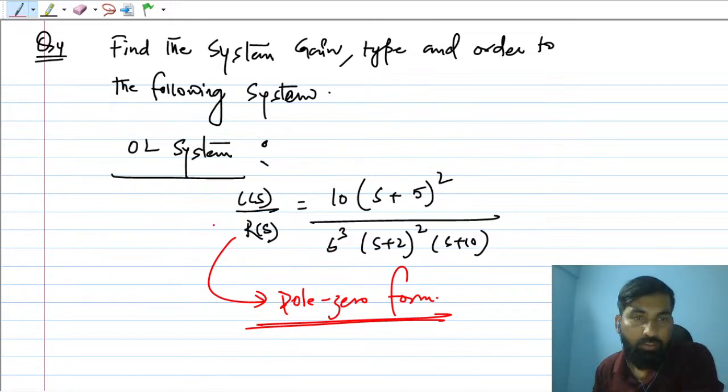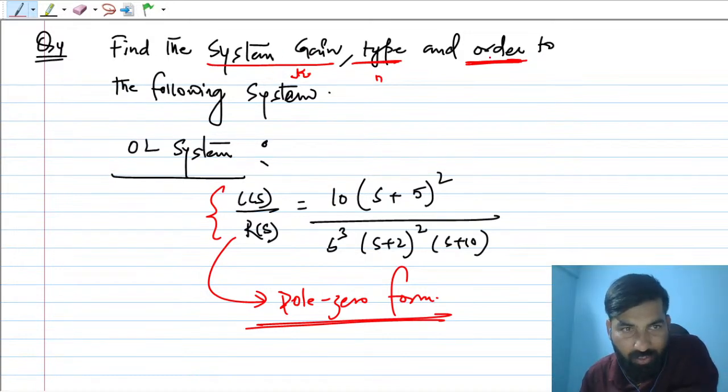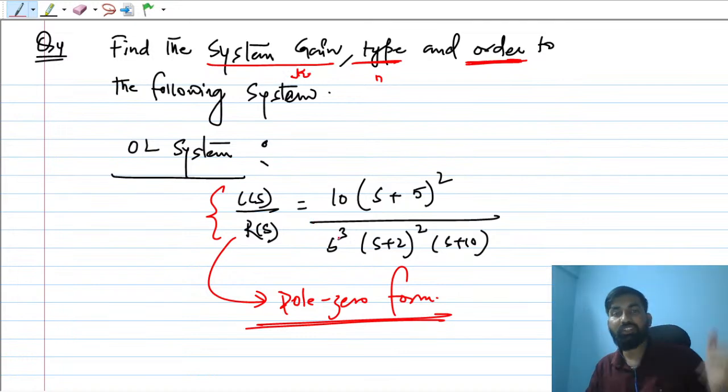As I told you, if you want to find the system gain, that is K, the type, that is N, and the order, order is nothing but the number of poles. Whenever you want to find the system gain, type and order, you have to convert this into time constant form.